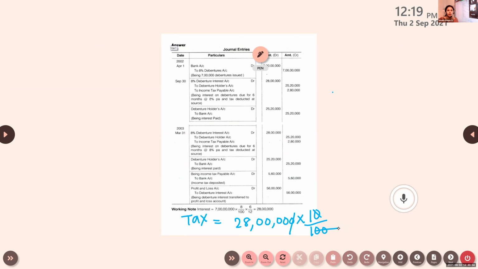That was when we discussed the journal entries related to issue and redemption of debentures. When it is issued at a discount, redeemed at premium. Issued at par, redeemed at premium. Remember?